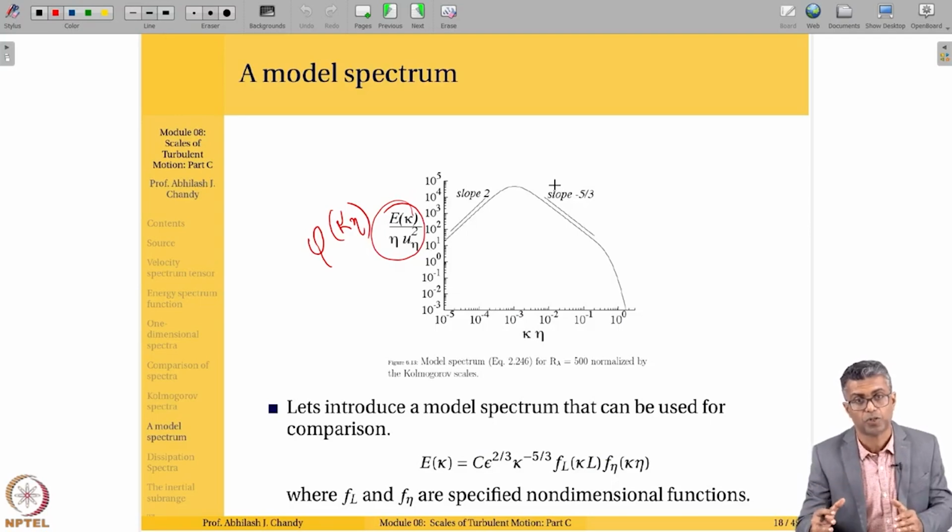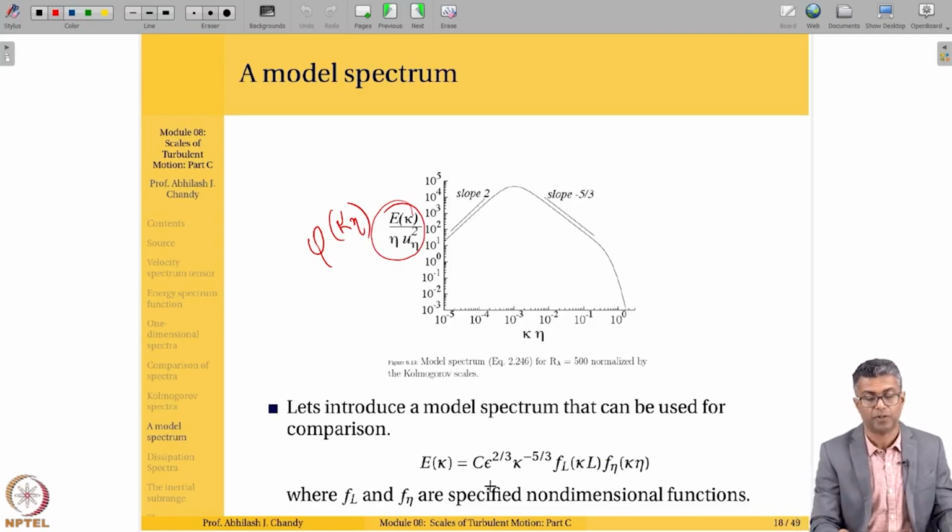That means there is a function associated with it, and that function is given here. C epsilon to the 2/3 kappa to the minus 5/3. This is coming from the inertial subrange, ISR, as I was calling it. And then I have two additional functions, FL of kappa L and F eta of kappa eta.